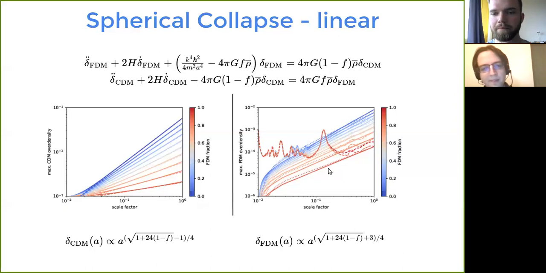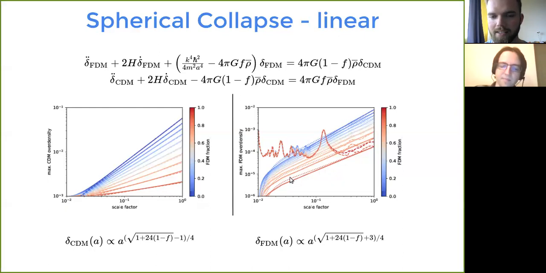And then additionally, on the right, I basically show the opposite picture, namely the maximum fuzzy dark matter overdensity now. And also here, the linear equations give this at least late time polynomial behavior.